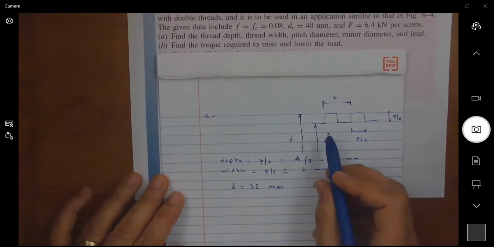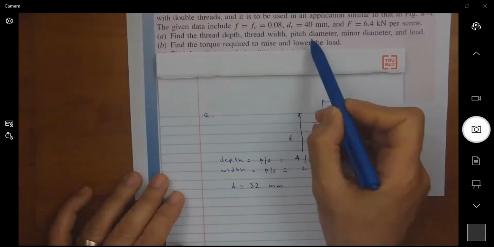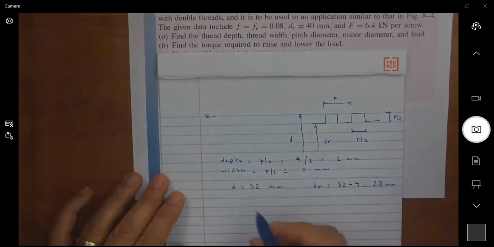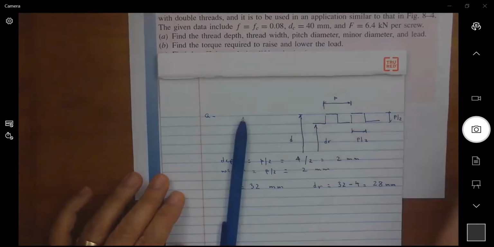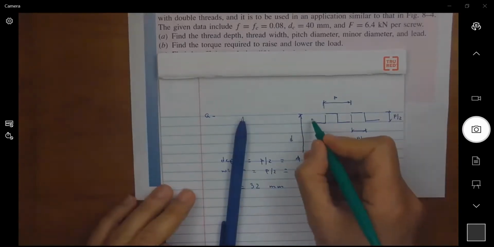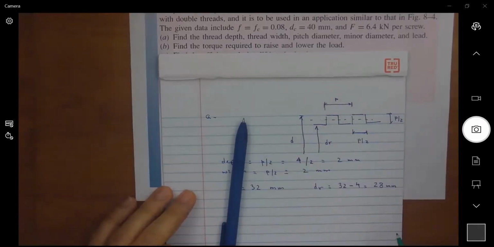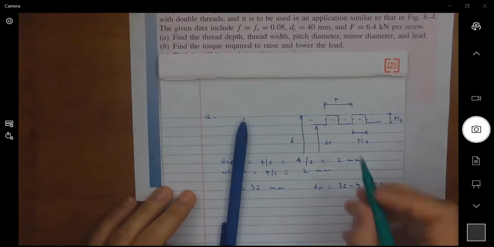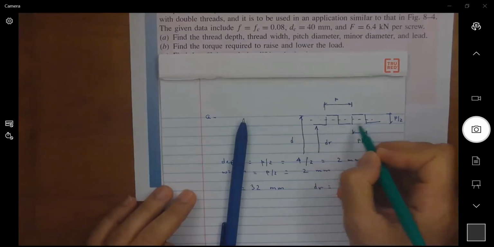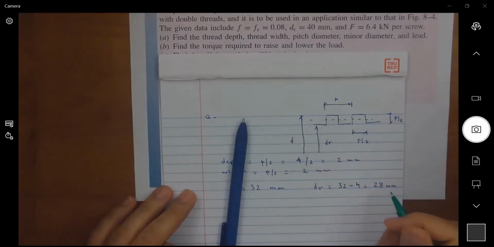The pitch diameter is going to be the same as the mid-range diameter. Remember, the pitch diameter is a theoretical diameter where cutting through the thread and the gap would be the same, right?